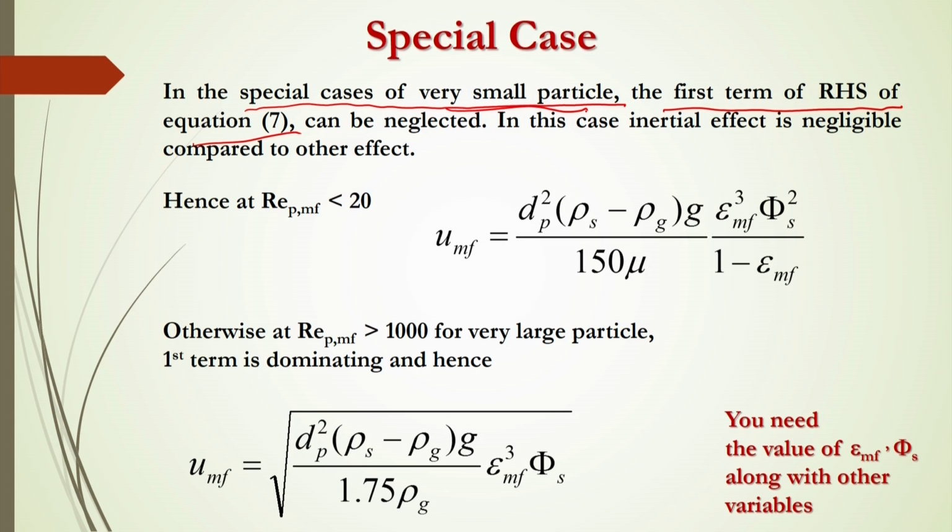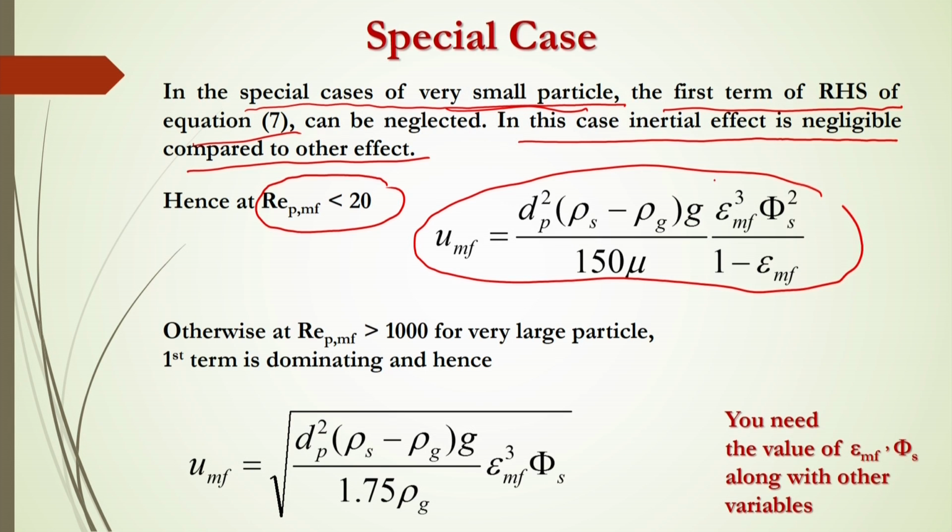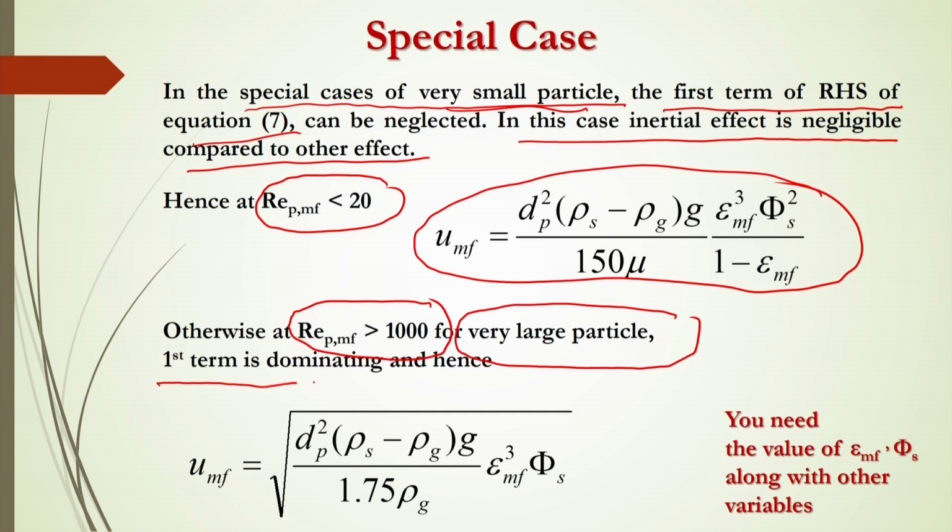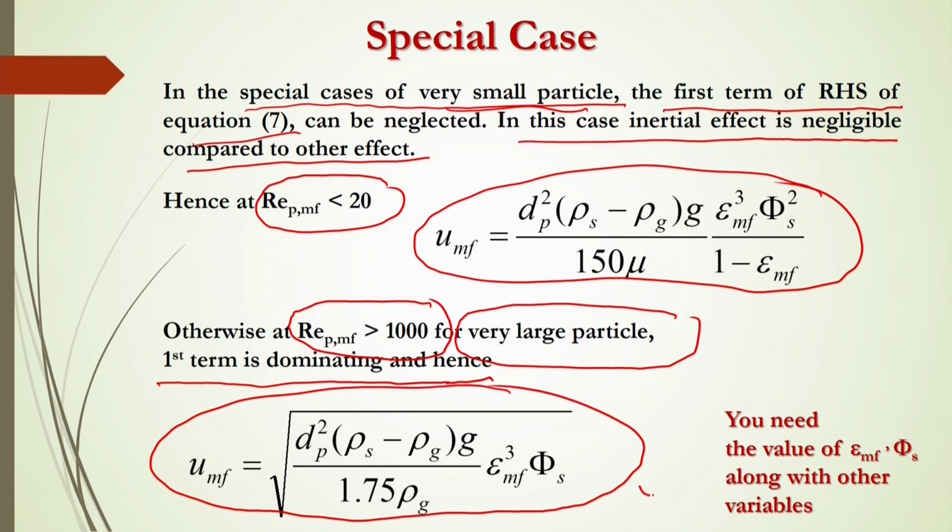In this case, the inertial effect is negligible compared to the other effect. So, if the Reynolds number is less than 20, you can directly calculate the minimum fluidization by neglecting that part of equation 7. Whereas for very large particles, if the Reynolds number is greater than 1000, the first term will be dominating, and hence you can calculate the minimum fluidization velocity from this equation.